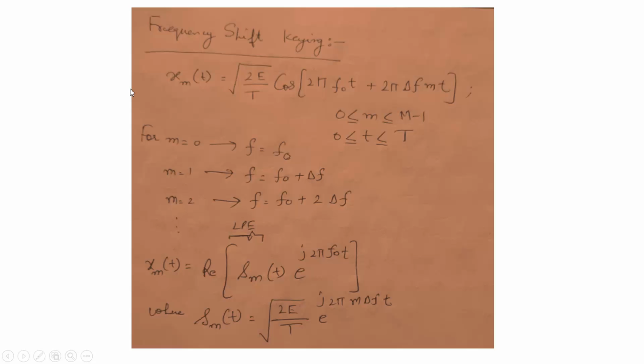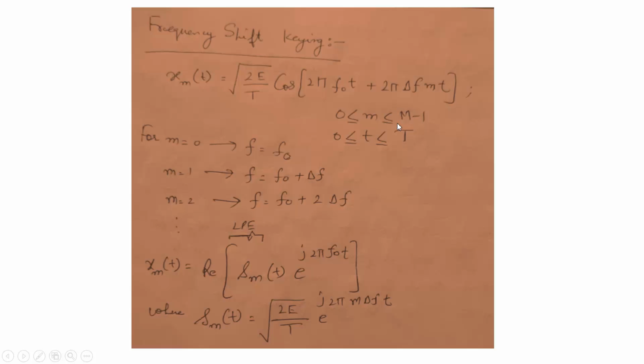For example, for m equal to 0, the frequency will be f equal to f naught. Now, for m equal to 1, the frequency will be f naught plus delta f. That means this delta frequency will be added into the carrier frequency corresponding to m equal to 1.